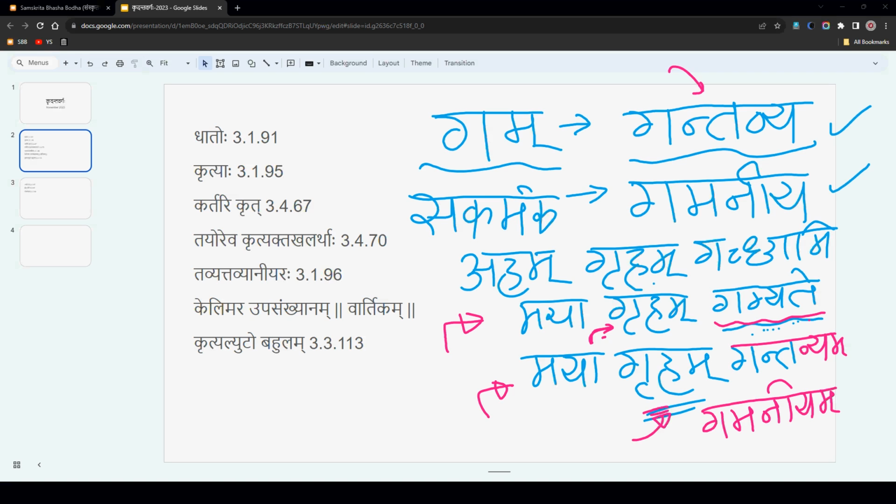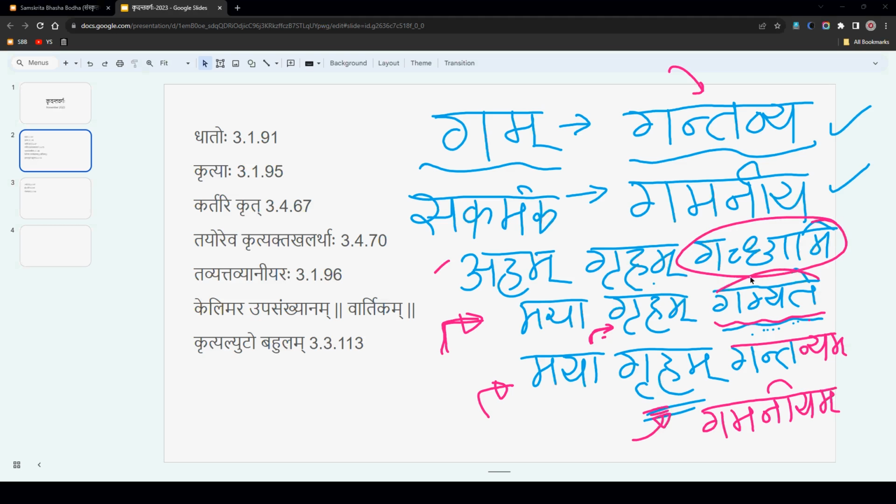They are used in what lakara sense? Because gamyate is in what lakara? This one: aham graham gacchami, maya graham gamyate. What is the lakara there? This is lat lakara.